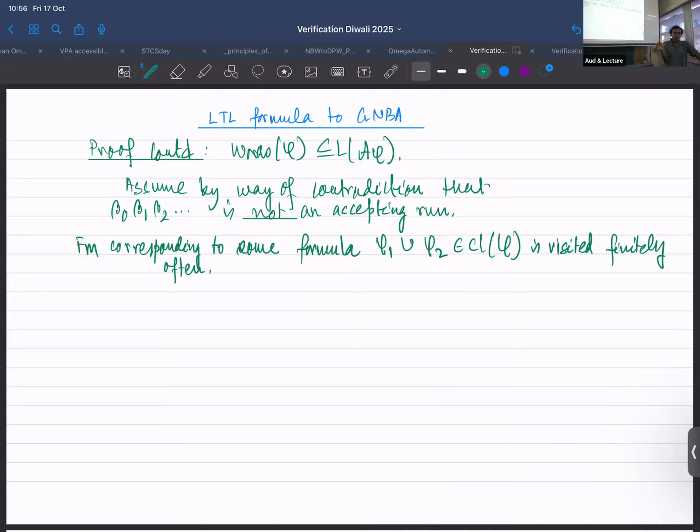Maybe I can write phi 1 j until phi 2 j, to say that this is the jth such until subformula, or maybe I can call it m, to say F_m and phi 1 m, phi 2 m. So either this is the case that phi 1 m until phi 2 m.